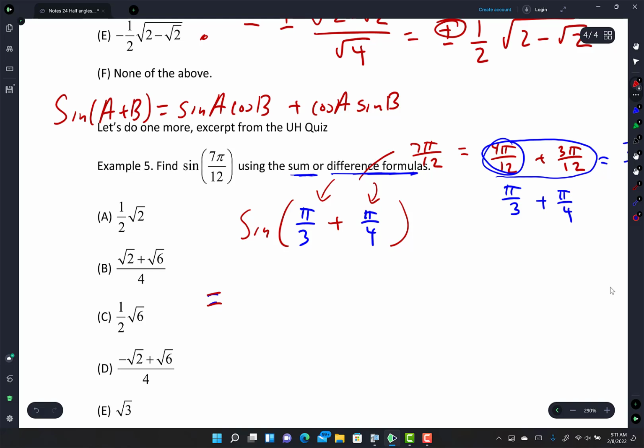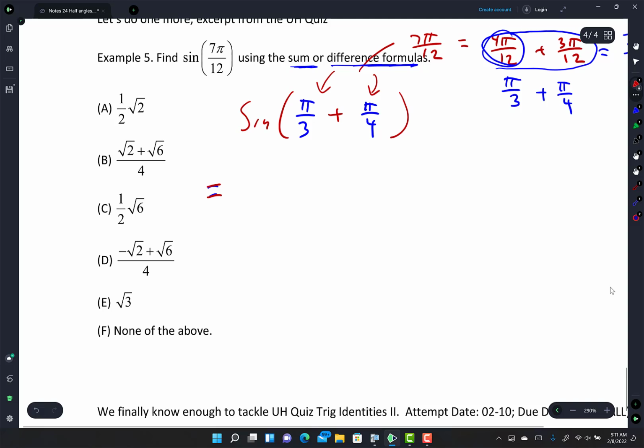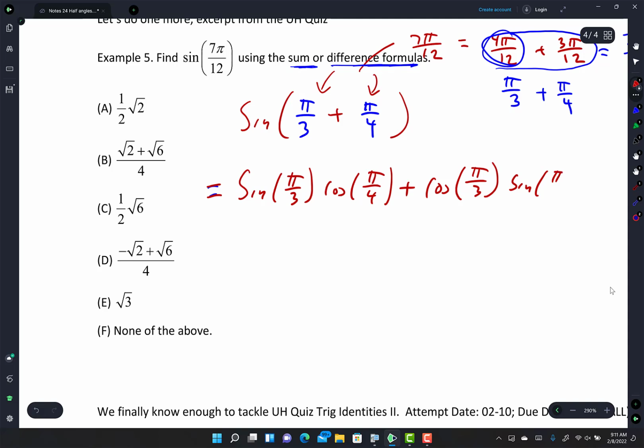That's the composite argument formula you need to know for Thursday's quiz. So here we go. All I'm going to do is go sine pi over 3 cosine pi over 4 plus, here comes the unit circle, doesn't go away, cosine pi over 3 sine pi over 4.